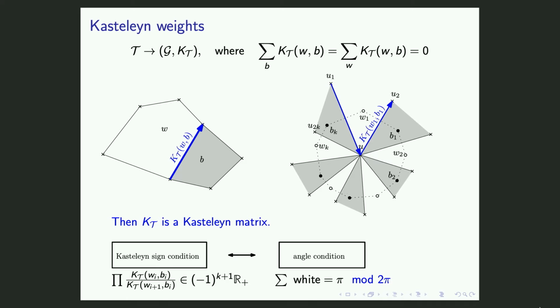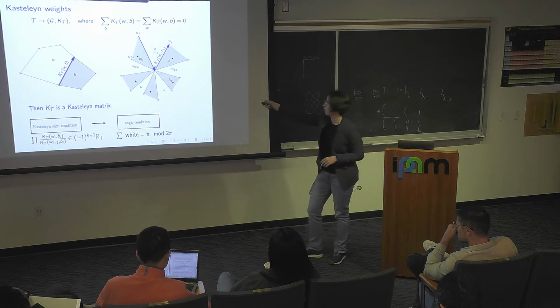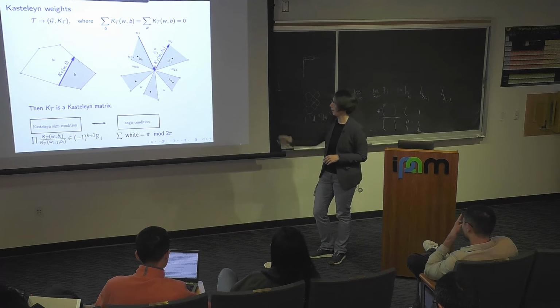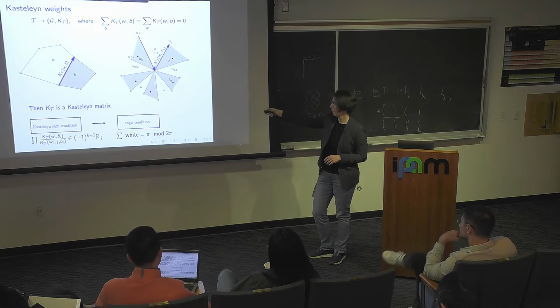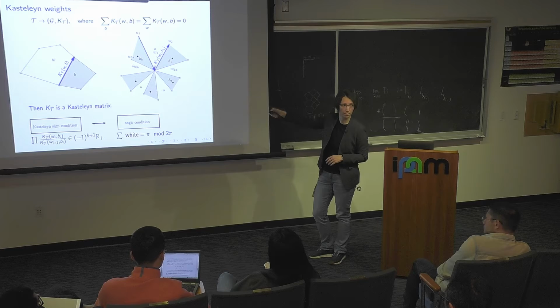I claim that this gives me a Kästlin weight. Remember that to get a Kästlin weight, we need to check the Kästlin sign condition, which tells us that the alternating product of Kästlin signs is plus or minus 1, depending on the degree. What is the ratio of two neighboring Kästlin signs? If we look at two Kästlin weights which we just defined and take the ratio, then the argument is the argument of the corresponding angle.